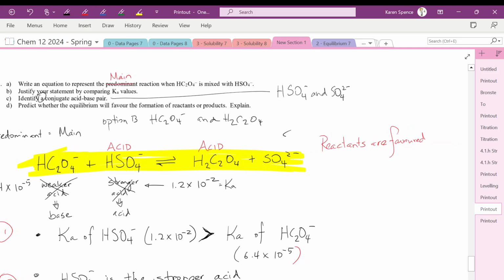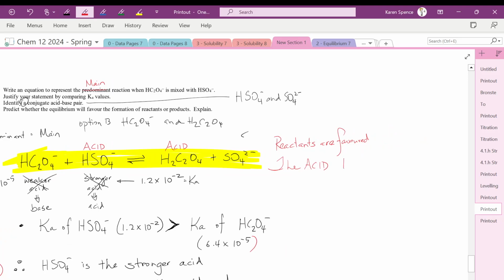And all you would need to say is that the acid H2C2O4 is stronger than HSO4 minus.